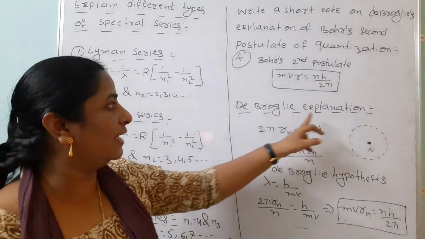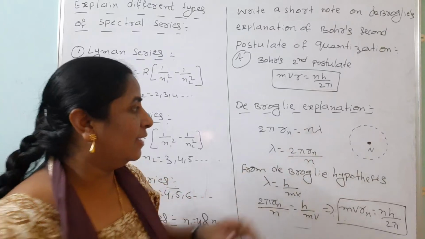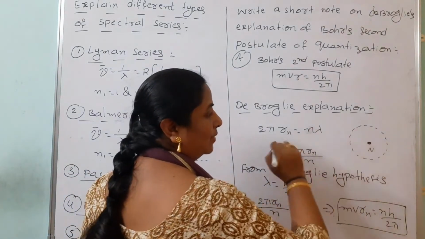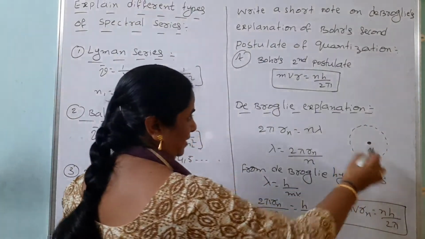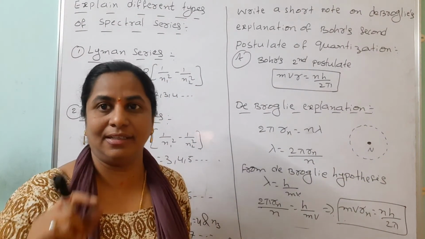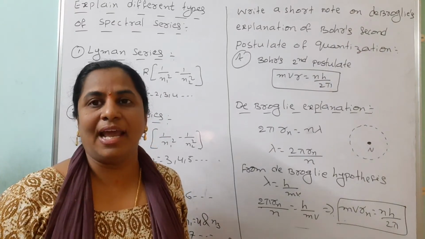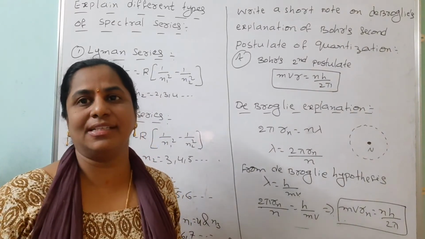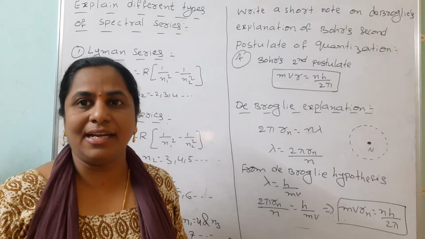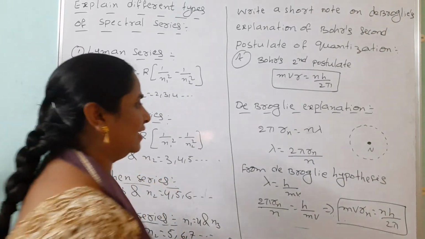Look here, de Broglie's explanation is, when the electron is revolving around the nucleus, this is the nucleus and these are the electrons. In this stationary orbit, the electron is not stationary. Whenever it is moving, it has particle nature as usual, and wave nature, and it forms a stationary wave like this.